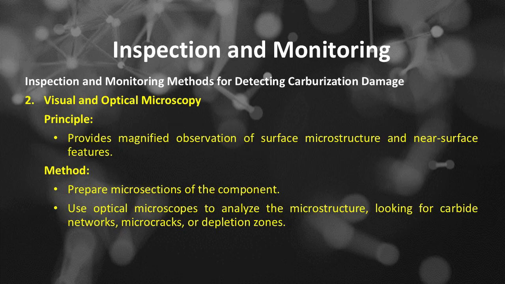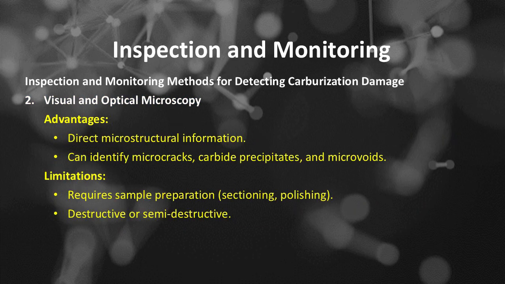Use optical microscopes to analyze the microstructure, looking for carbide networks, microcracks, or depletion zones. Advantages: direct microstructural information. Can identify microcracks, carbide precipitates, and microvoids. Limitations: requires sample preparation, sectioning, polishing.